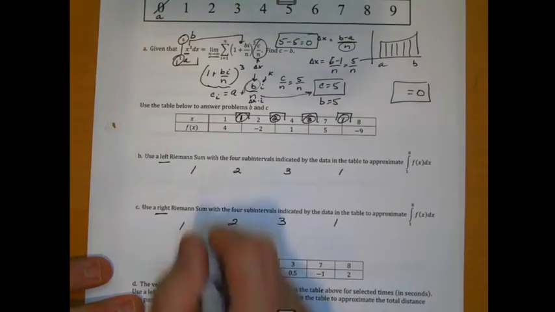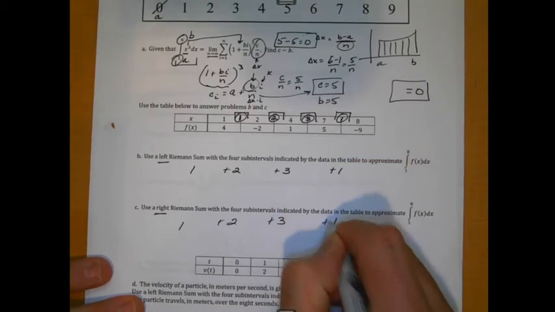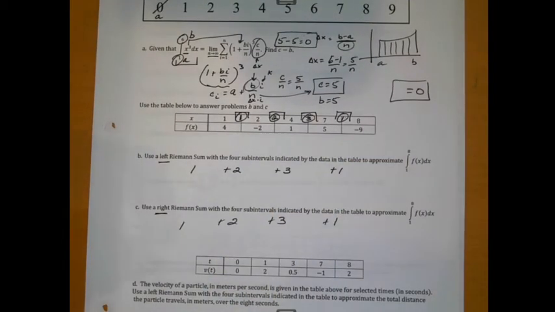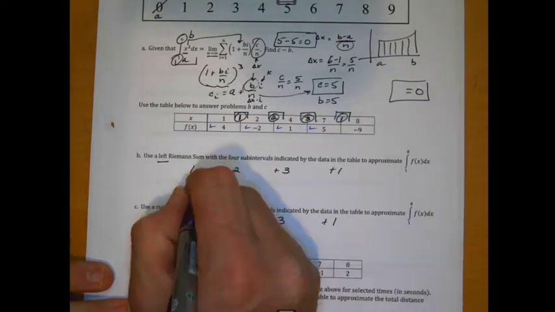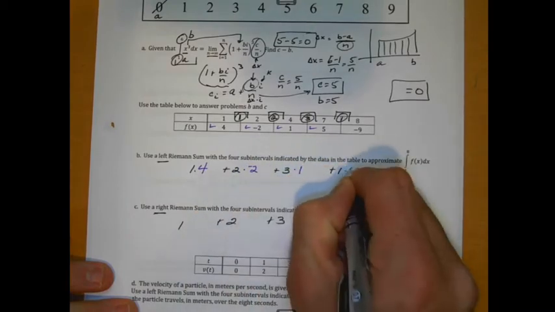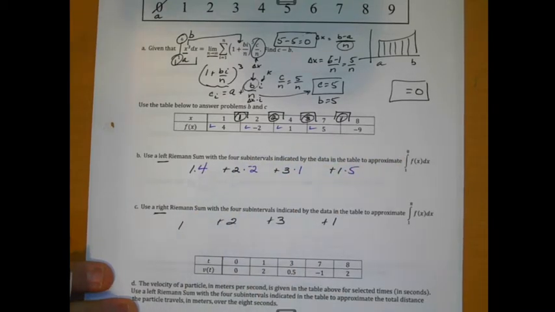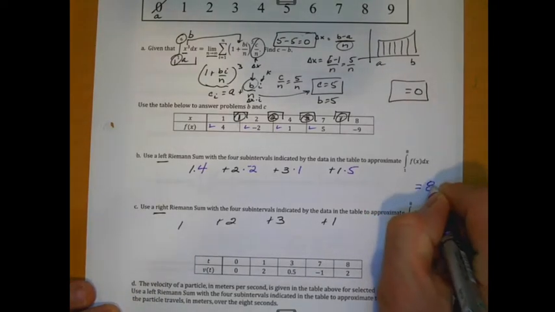Okay. And then what we are going to do is multiply for the left one. I am going to multiply by the left values: 4, negative 2, 1, and 5, which ends up being 8.